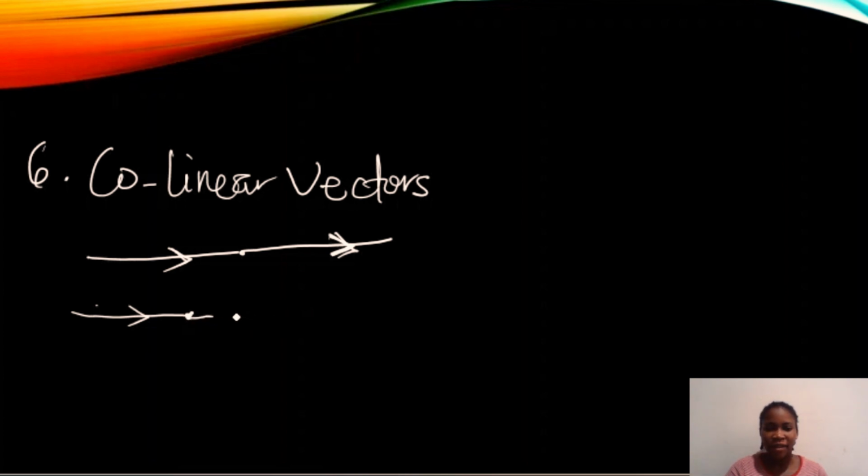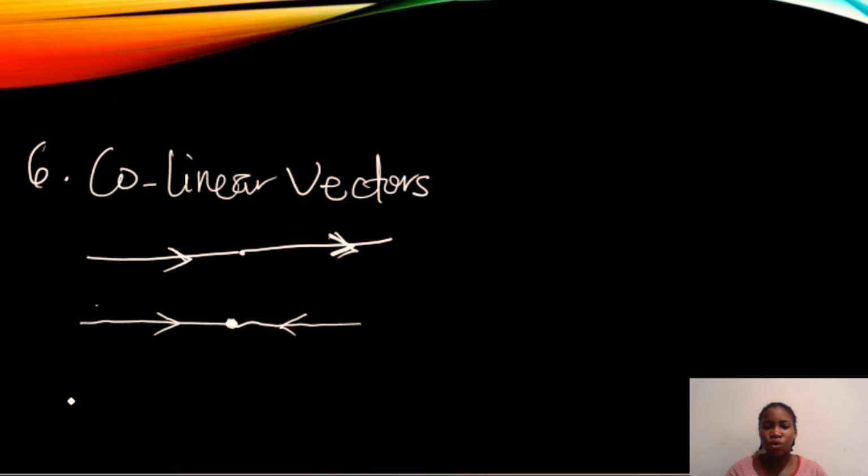So let's say a coterminous vector is a collinear vector. One vector is ending at this point, and another vector is also coming from here and ending at this point. But they are all in the same line. So in this case, they are collinear vectors and also coterminous vectors.